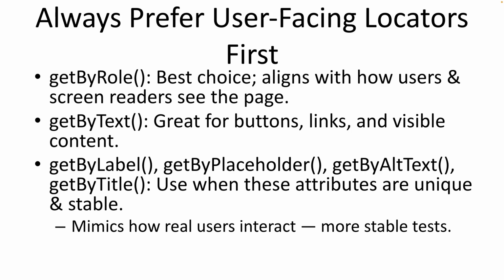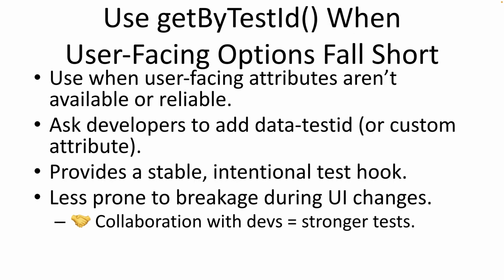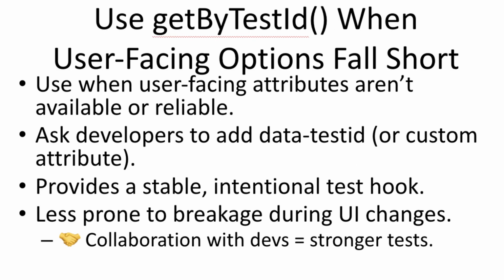And the next powerful thing and the best option to use is getByTestId. If your locators cannot be identified uniquely and there is not enough description, you should collaborate with the developers to add a data-testid, which is the default custom attribute name, or you can come up with a friendly custom attribute and configure that as we saw before in the playwright config.ts file.